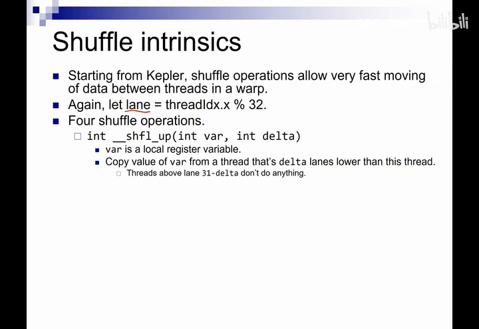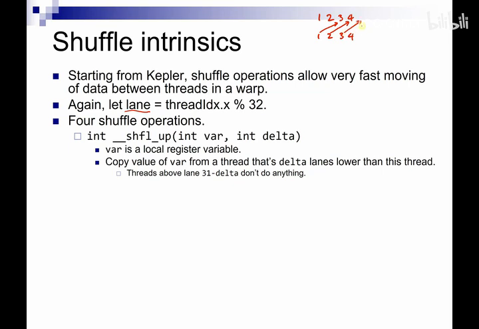For example, let's say we have 4 threads, and delta here is equal to 2. So we have 1, 2, 3, 4. It's going to copy from lane 1 into lane 3, and it's going to copy from lane 2 into lane 4.